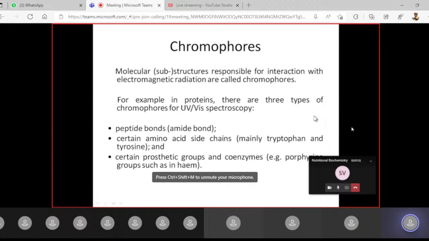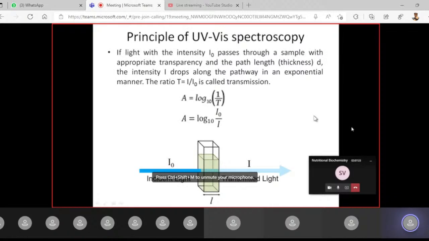So now what we are going to see is, you will place your sample in the cuvette and you will allow the light to pass through it, because you are just checking the interaction between the electromagnetic radiation and your sample. So you are placing the sample, allowing the light to pass through it. In the UV range, your samples can absorb even without making them colored.